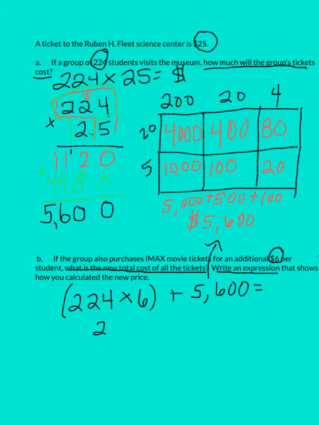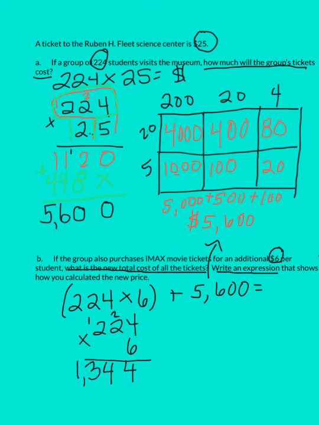So I'm going to rewrite this so it's a little bit easier for me to multiply. 224 times 6. 6 times 4 is 24. Carry the 2. 2 times 6 is 12, plus 2 is 14. Carry the 1. 6 times 2 is 12, 13.